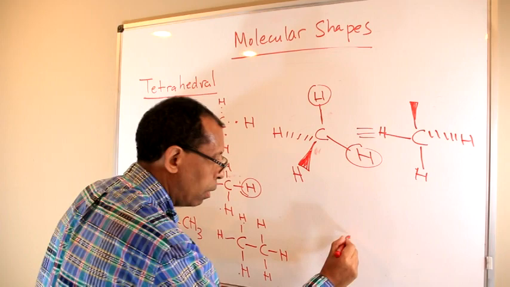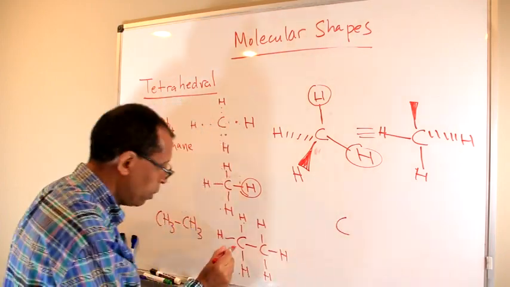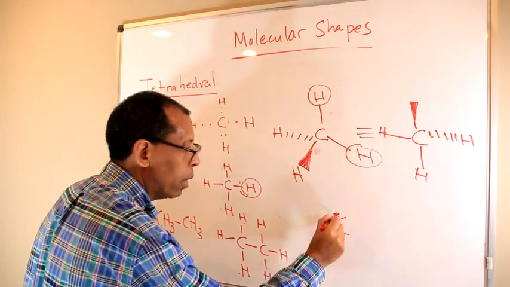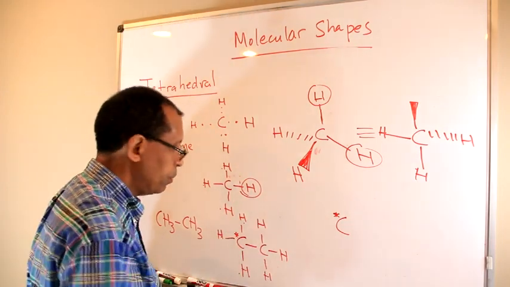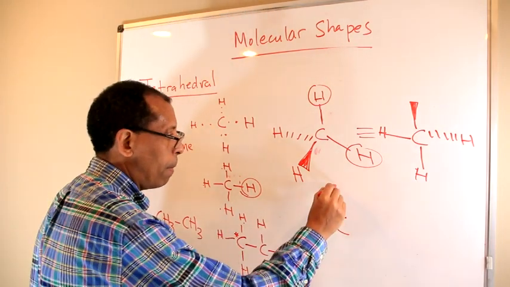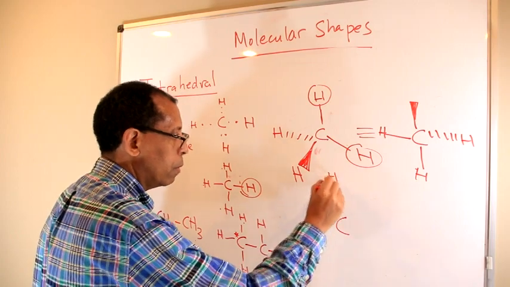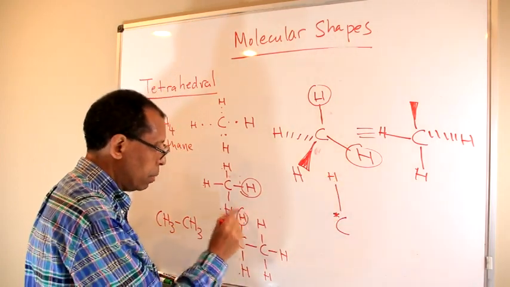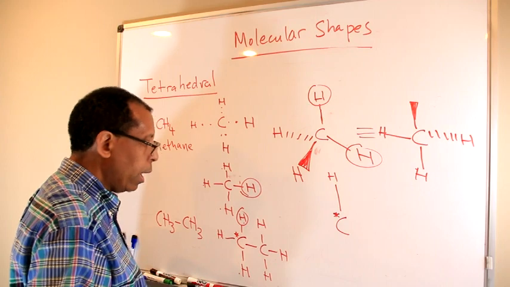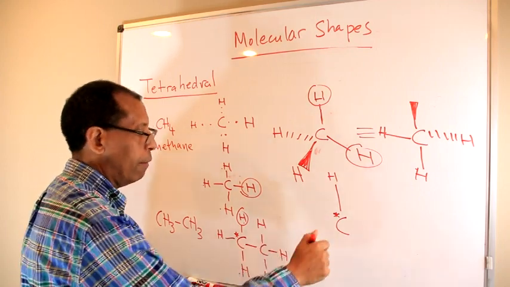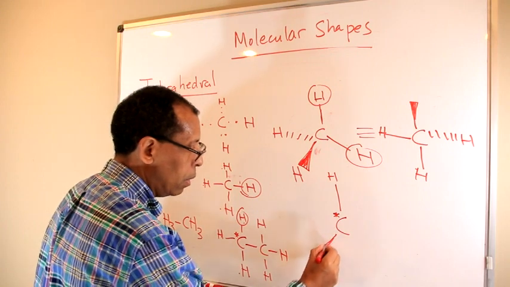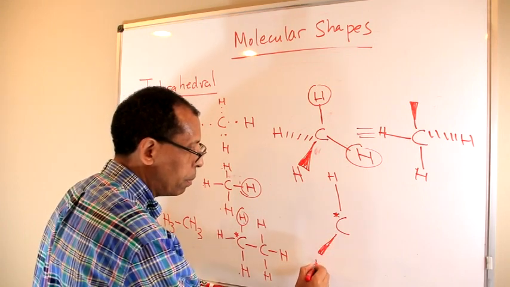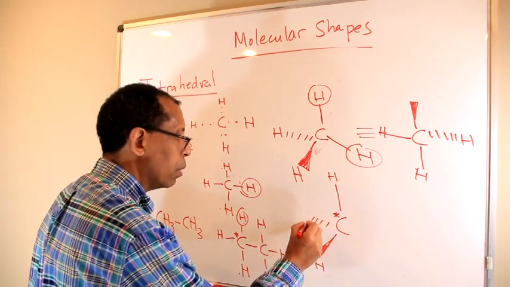For example, if it is this carbon, let me just mark it like this. If that is a carbon, around it there is this hydrogen, which is this hydrogen, and another hydrogen which is sticking out to me with the wedge form, and another hydrogen going in.